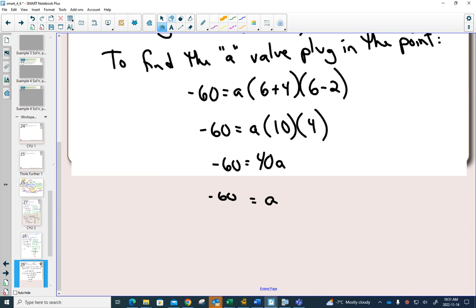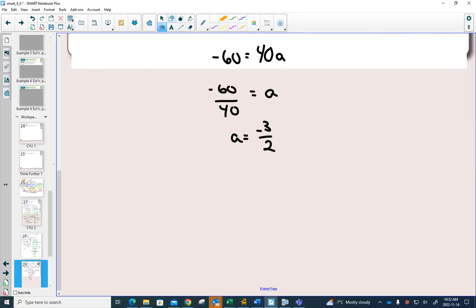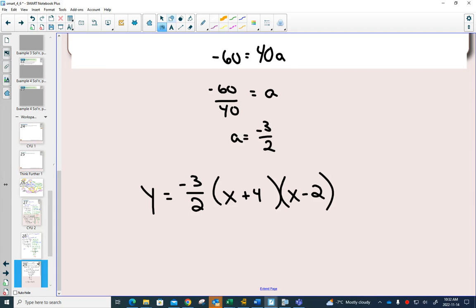I divide by 40, and that simplifies to a equals negative 3 over 2. So now my factored form is negative 3 over 2, x plus 4, x minus 2. We have the complete factored form.